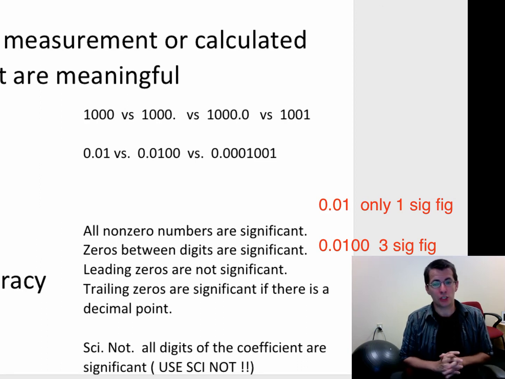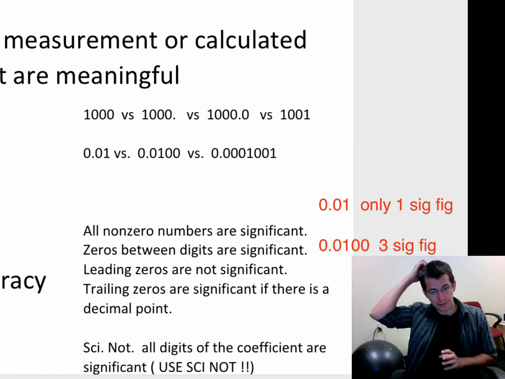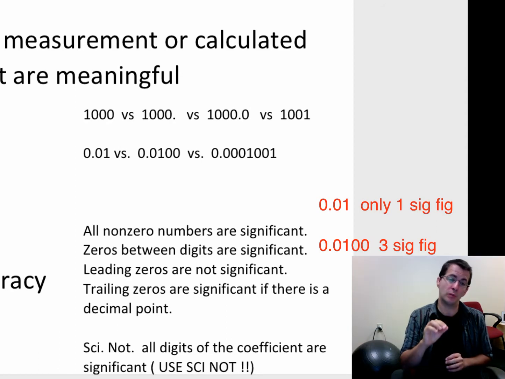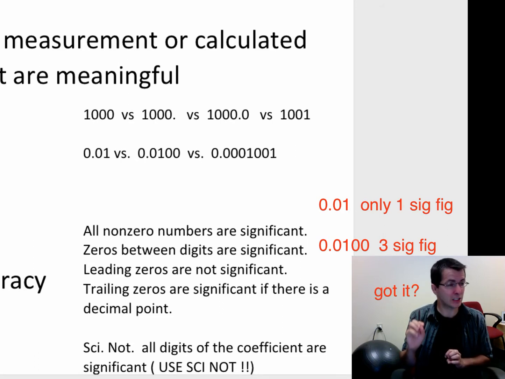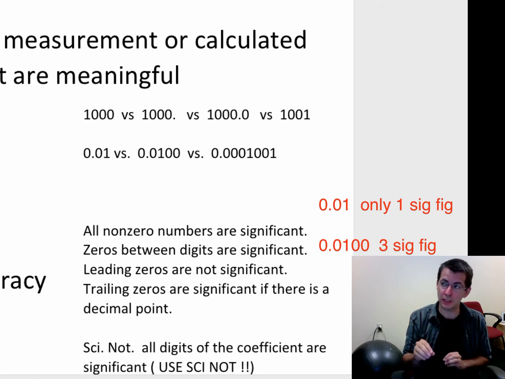Leading zeros are not significant, but trailing zeros are significant if there's a decimal point. 0.01 versus 0.0100. 0.0100 has 3 sig figs because those zeros are mandatory. They are placed in there to represent that this has 3 significant figures.